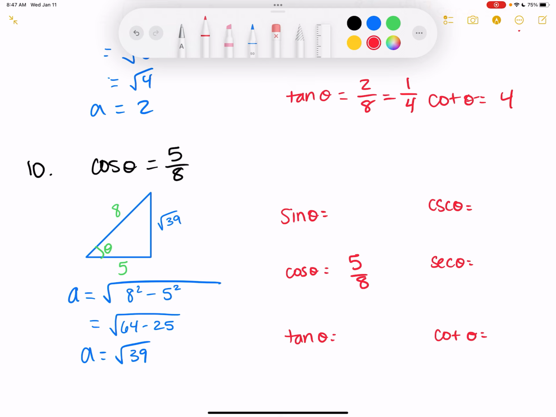So what is sine? Square root of 39 over 8.